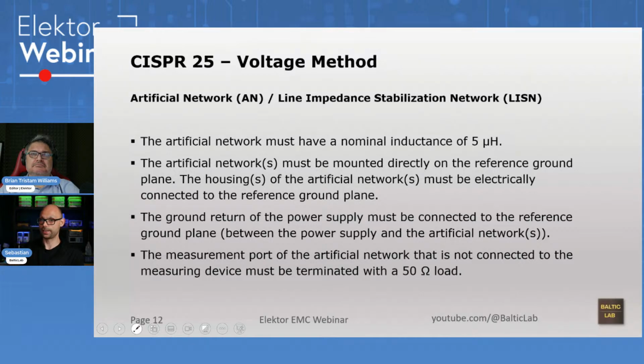When you read AN or LISN or artificial network, it's the same thing. The standard says artificial network. It must be electrically bonded to the reference ground plane, and the return of the power supply must be connected to the reference ground plane. The measurement port of the artificial network, which is not connected to the measurement device, must be terminated with a 50 ohm load. Okay, we can do that.